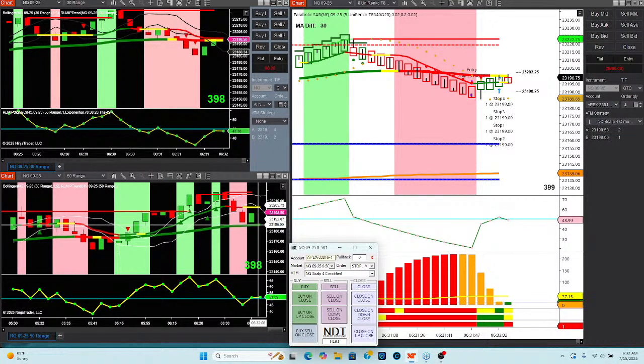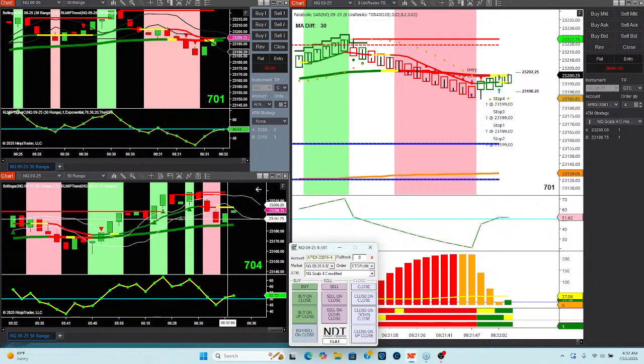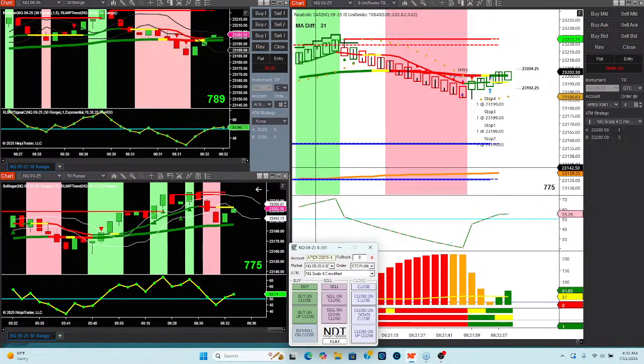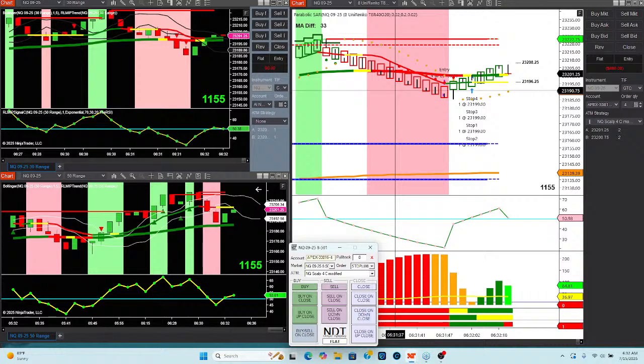Okay, probably hit this 50 here. Here again, when this breaks here and you've got a 50, you've got to deal with the gap right here. And might have gotten in a little bit too late. Probably could have jumped in on this one. That one probably would have been a little bit better for me. So I'm starting the day off with a loss.